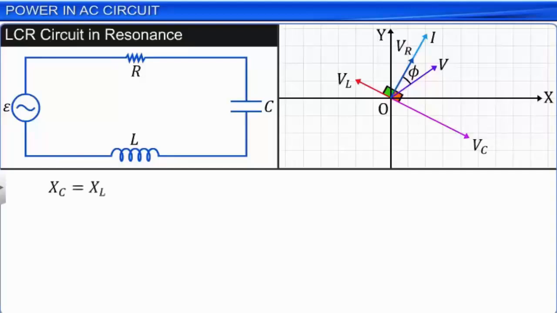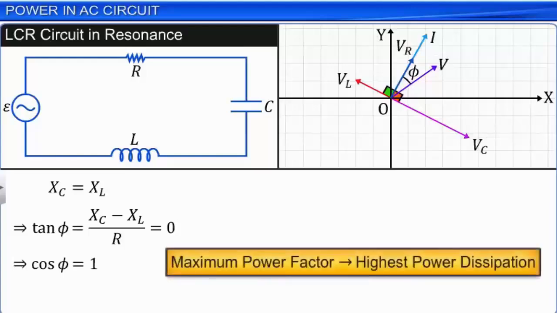This implies that the value of phi is 0, and hence the power factor cos phi is equal to 1. Hence, the power dissipation in an LCR circuit is the maximum as the power factor becomes unity. The average power, in this case, is equal to the product of Vrms and Irms.